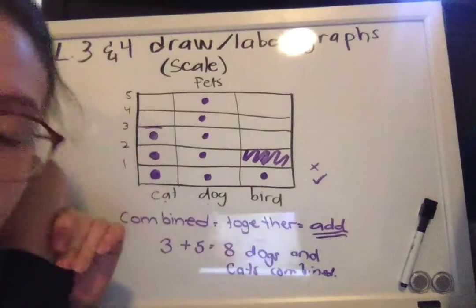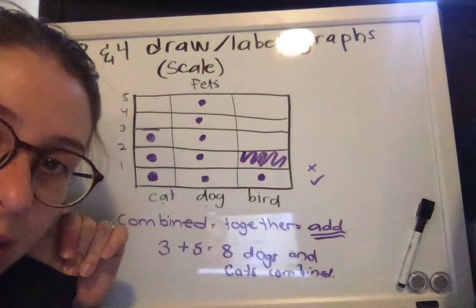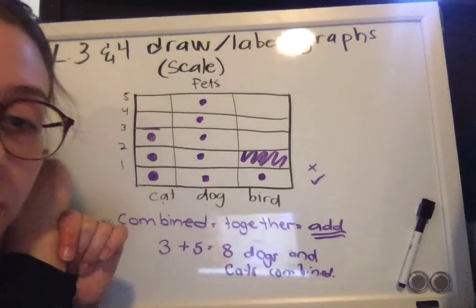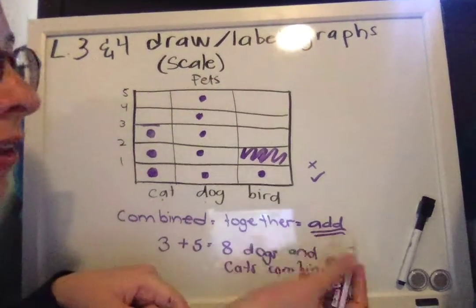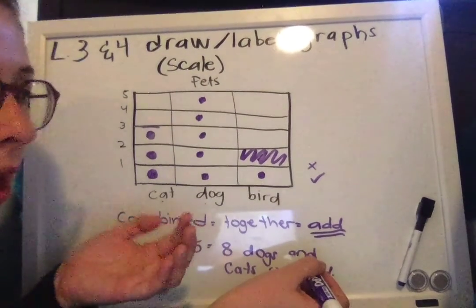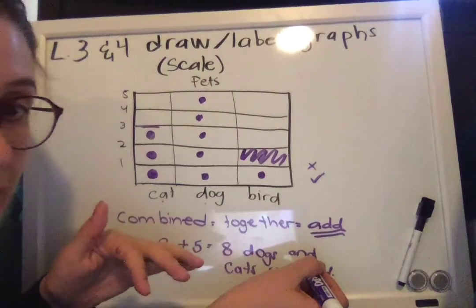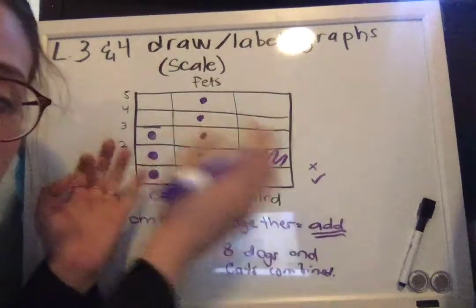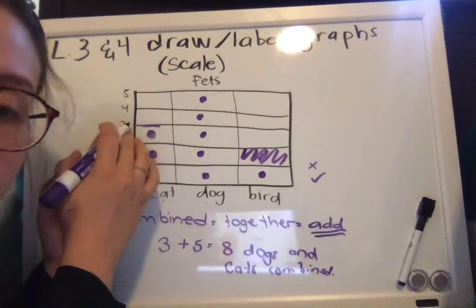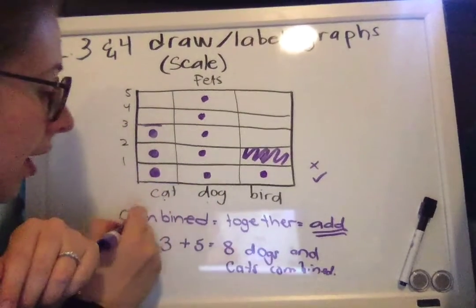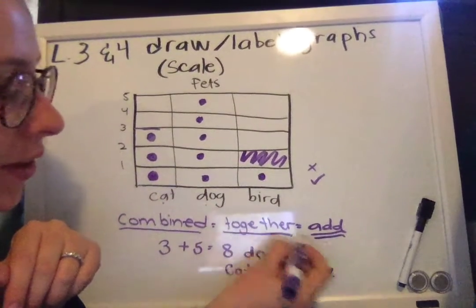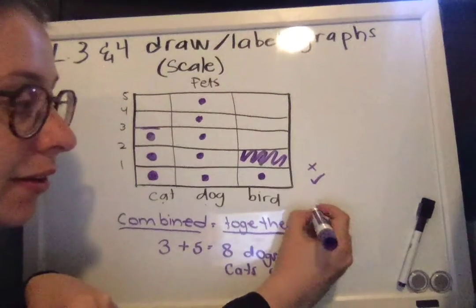Remember I told you these couple of lessons you're learning a lot of new vocabulary. We learned that how many more has to do with subtraction. We know that and, when we're putting and together, that means adding. Combine, now we know means all together, and it also means add.